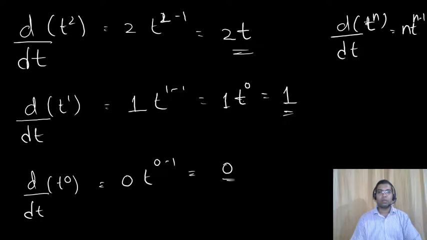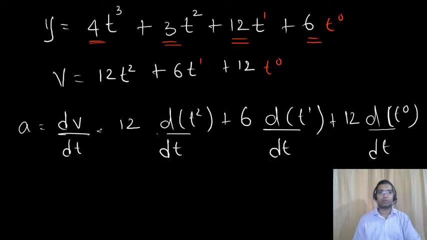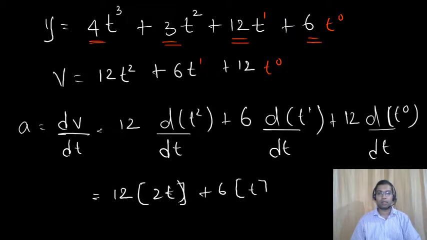Now we will substitute these values in our expression. We will get 12 into 2t plus 6 into 1 plus 12 into 0.